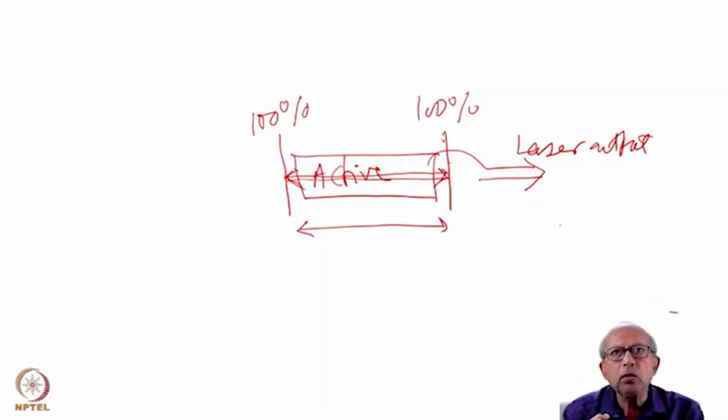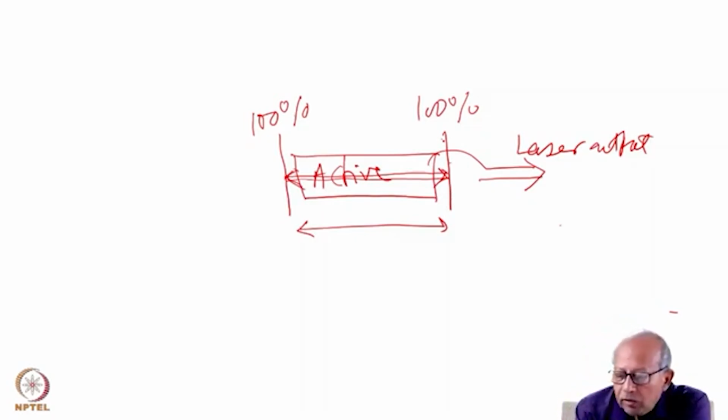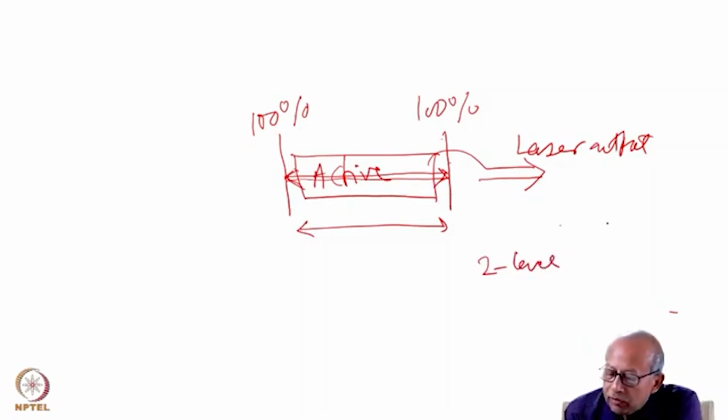We also have seen that if we involve only two energy levels, then oscillation and amplification of light is not possible. That means in a two-level system, amplification of light is not possible.